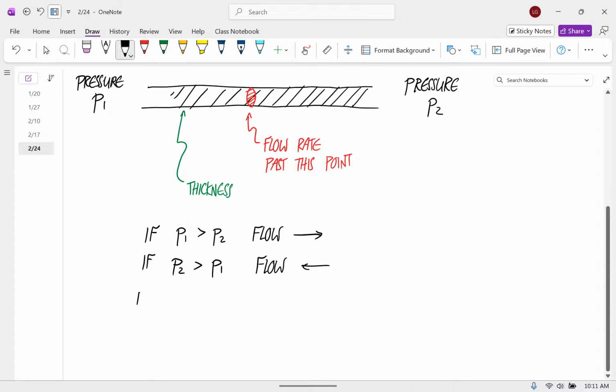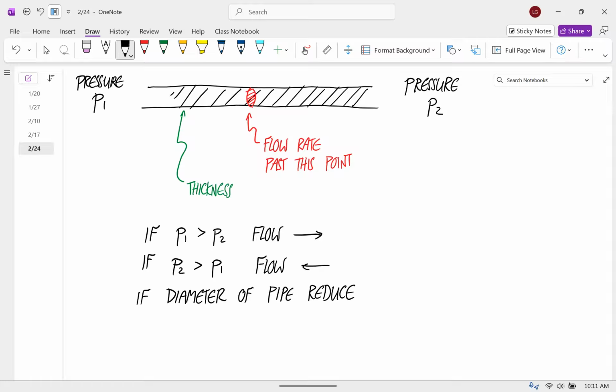And if the diameter of the pipe is reduced, the flow rate is also reduced.